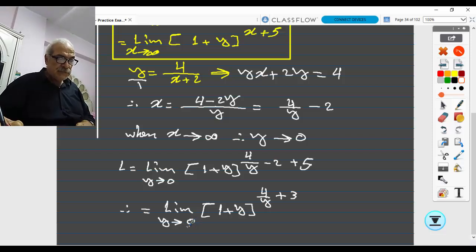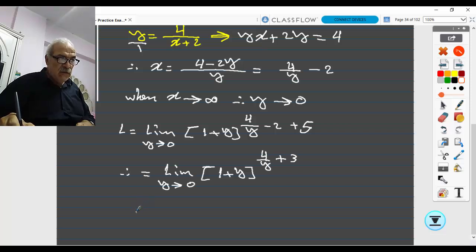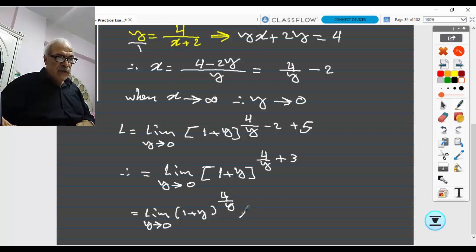Again we will write it: the limit equals the limit of (1 plus y) all power 4 over y as y tends to 0, multiply the limit of (1 plus y) all power 3 as y tends to 0.